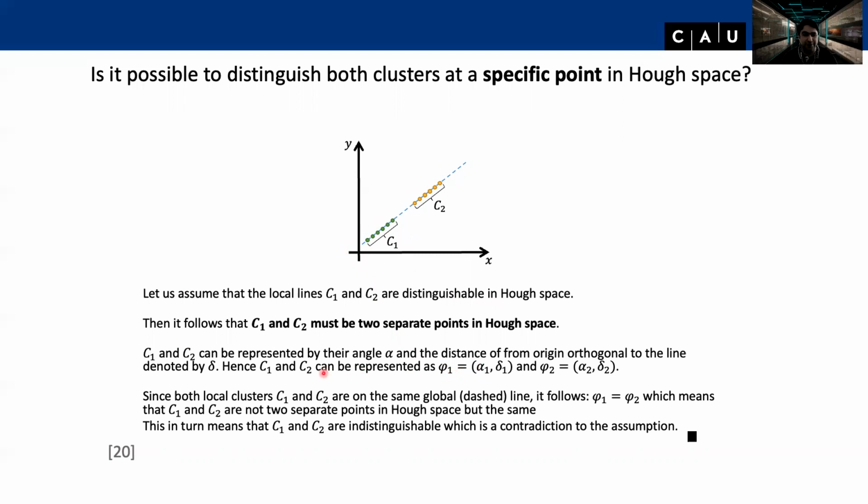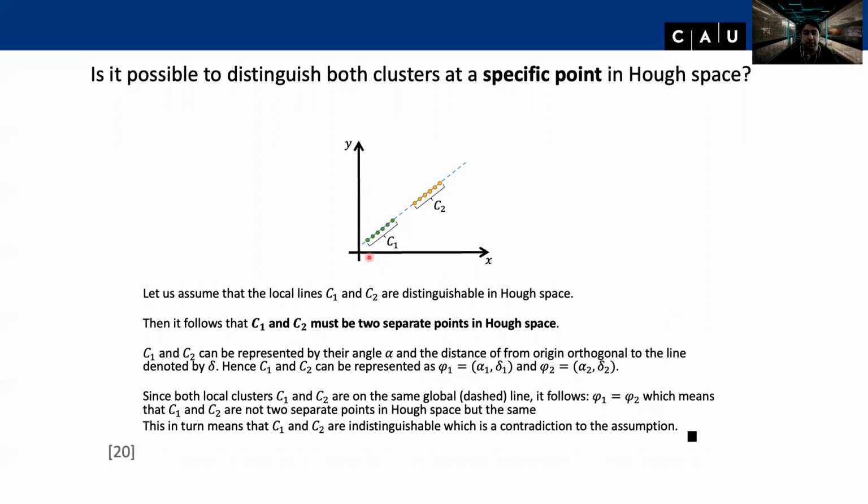Sorry, I have to also introduce both clusters, so C1 and C2 can be represented as objects phi1 and phi2, each of them being a tuple of an angle alpha1, delta1, and an alpha2, delta2. However, since both local clusters, C1 here and C2 here, are on the same global dashed line, it follows that phi1 and phi2, which are 2 points in Hough space, are not 2 separate points, but exactly the same, because they have the same angle alpha and the same distance delta.